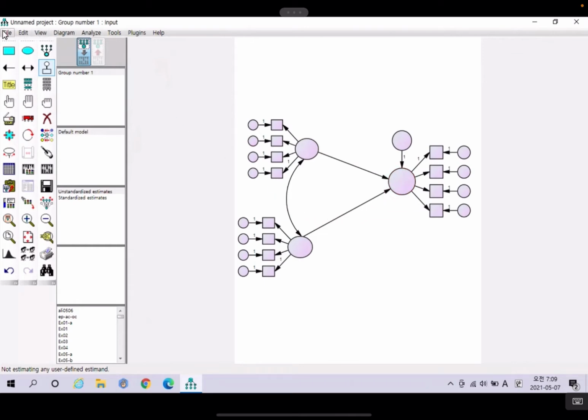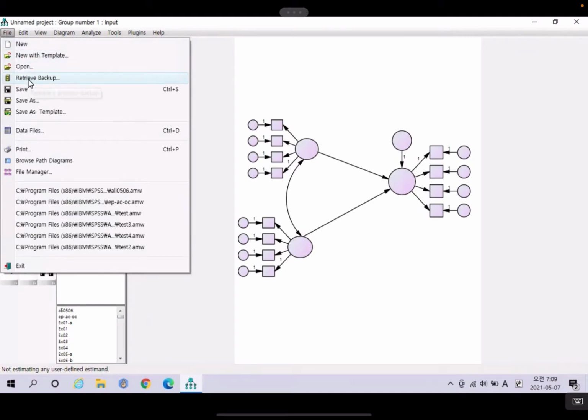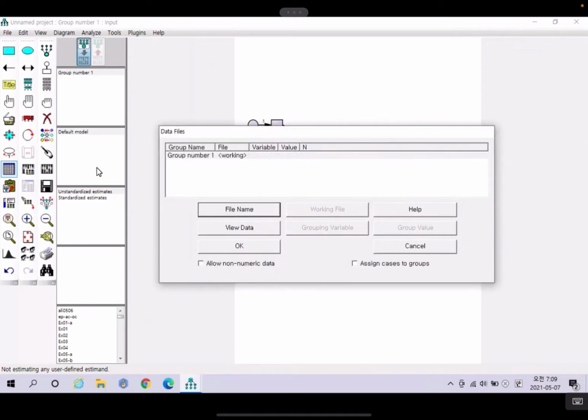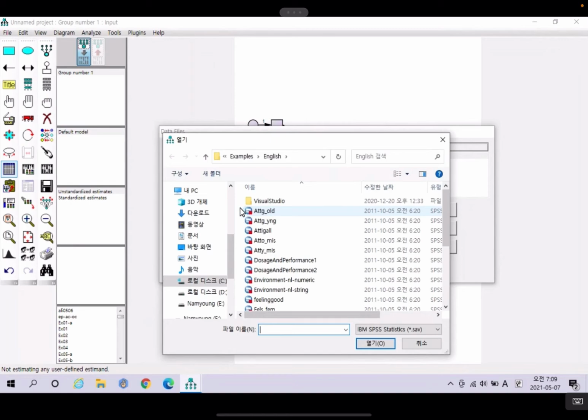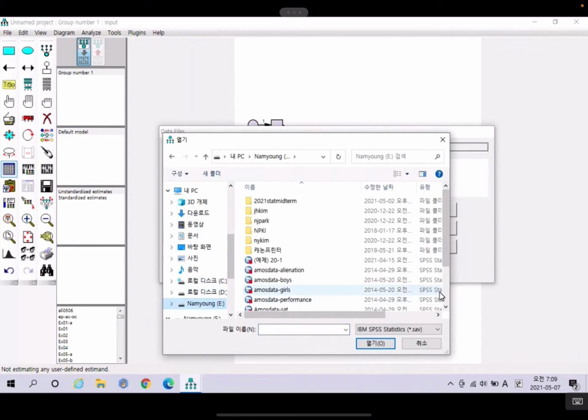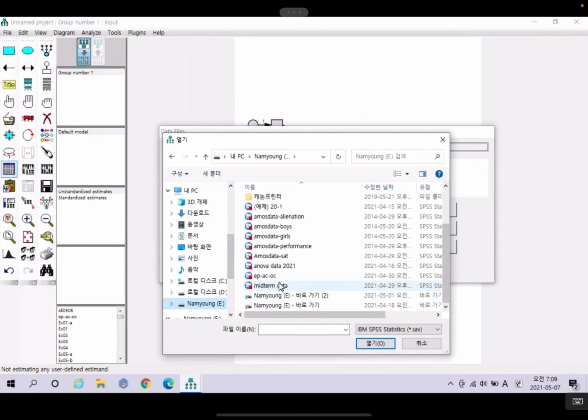Once you have done that, you are going to connect this graph to the data file, right? So you click this one and you click data file and the file name, okay? And I'm going to use EPACOC, right?